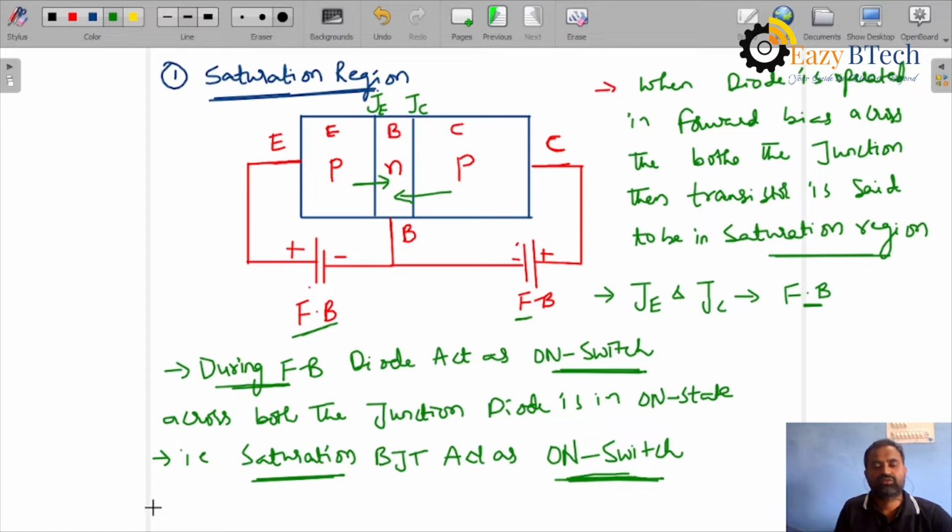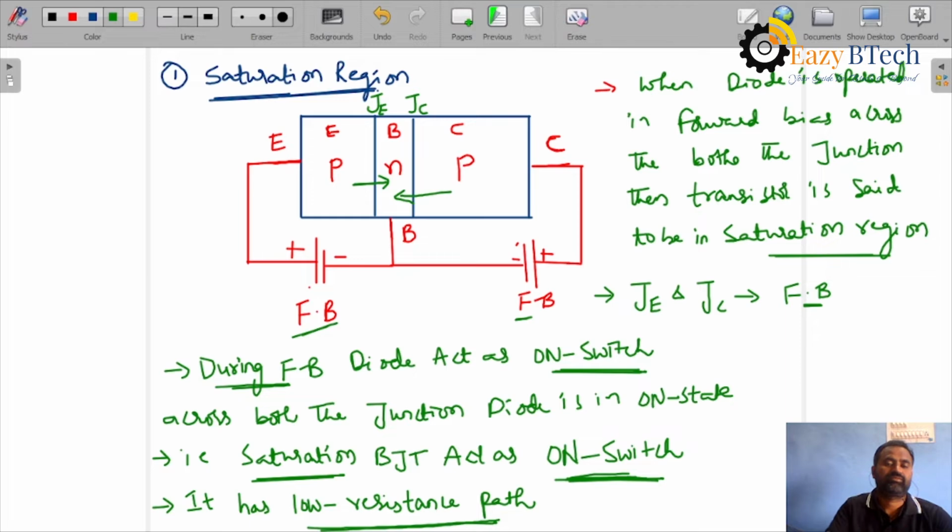So it has a low resistance path. This is about the saturation region.